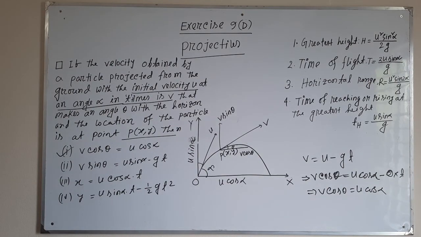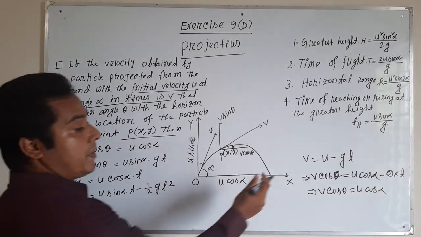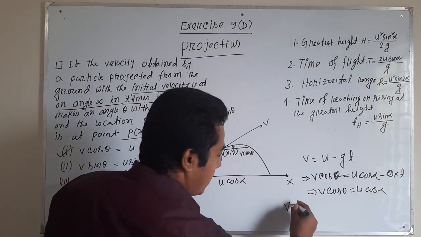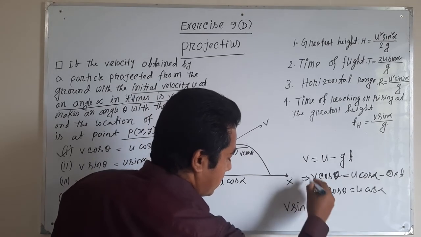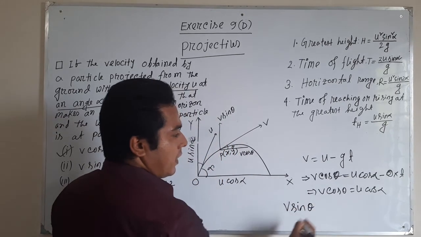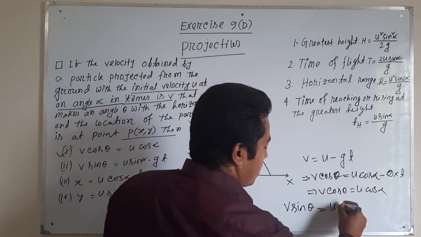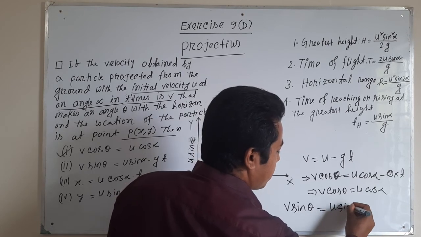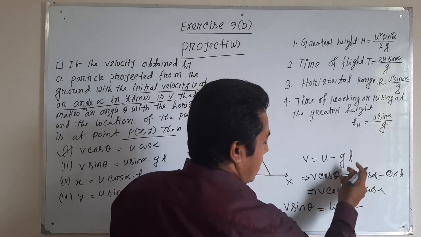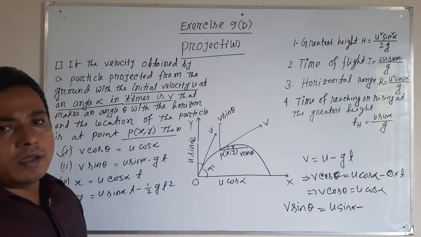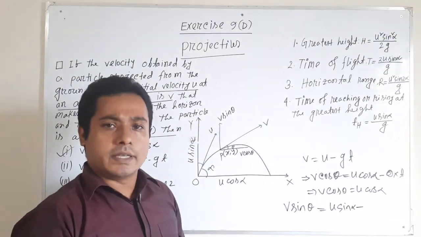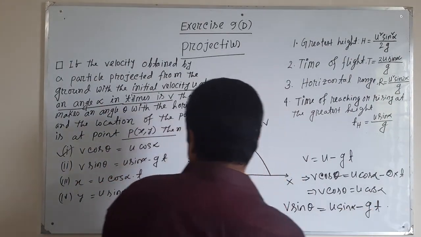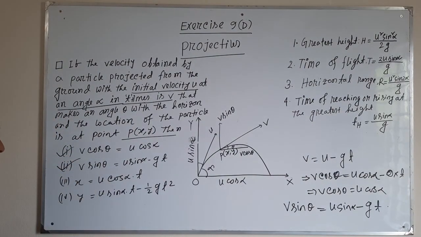Now for the vertical line, what will be the equation of motion? v sin theta equals u sin alpha minus gt, since along the vertical line the gravitational acceleration acts. So the equation of motion is this.